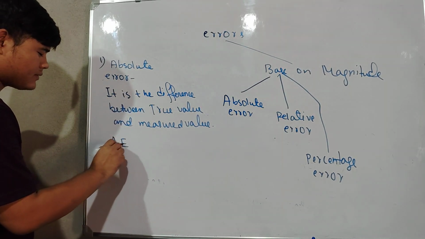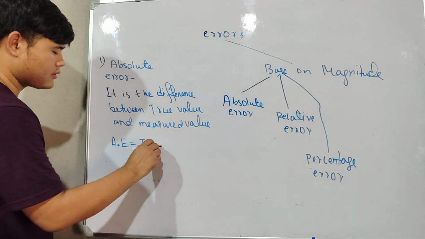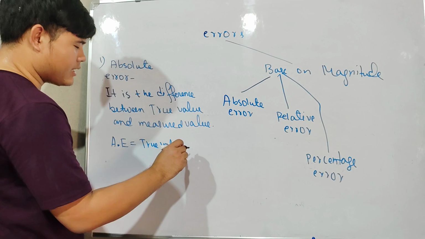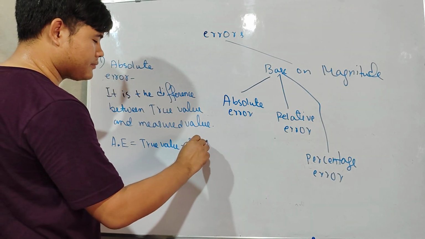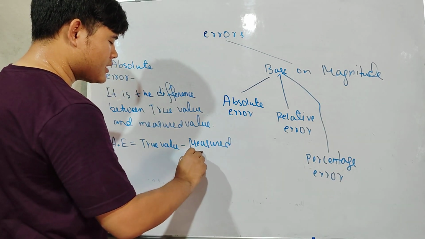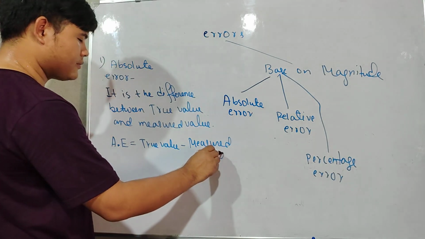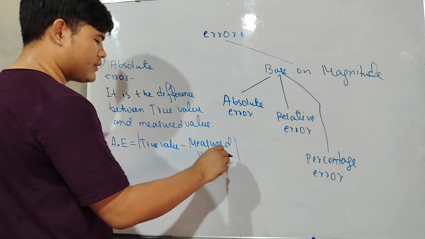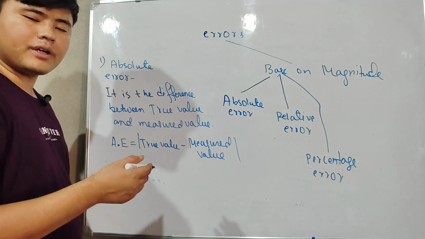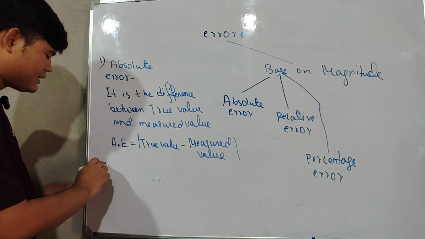I can write it as true value minus measured value. And the difference is always positive.